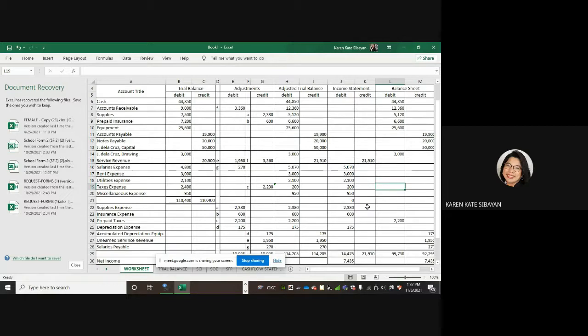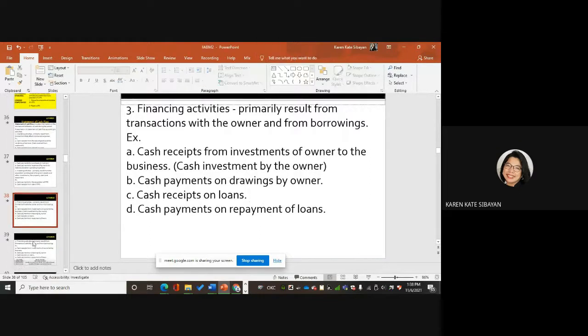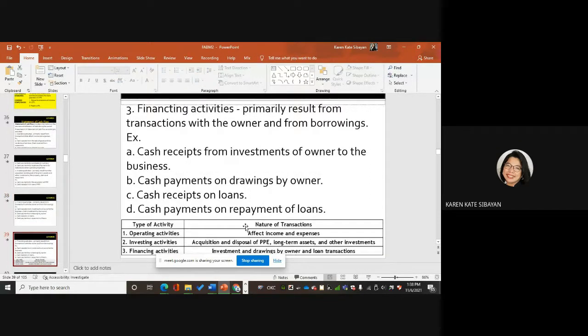So, paano naman natin ilalagay yun? Cash receipts on loans. Ang lalagay mo is cash borrowed from loans.